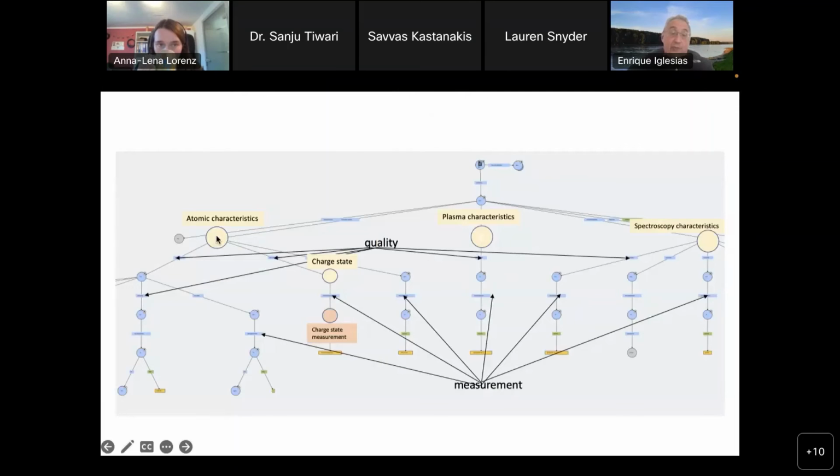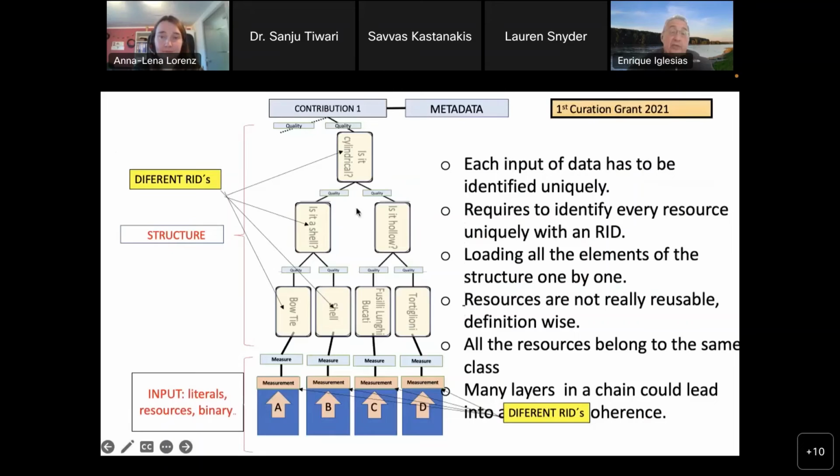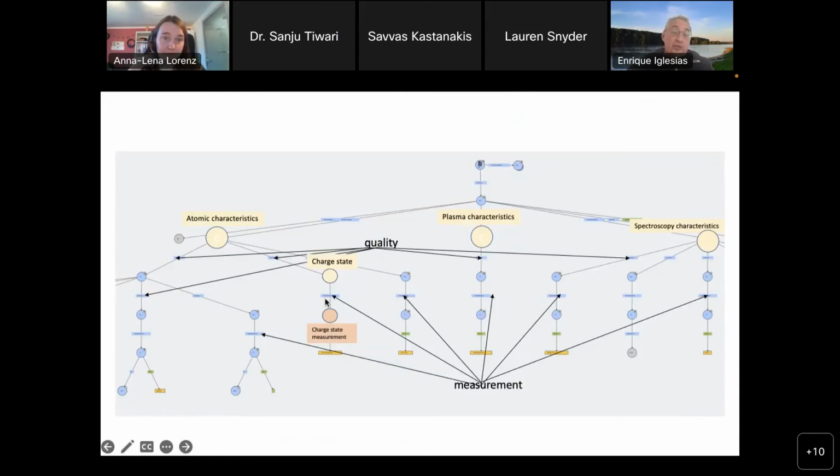And as I showed before, you take one of these, you go to, for example, underneath, this is charge state, and then here you see we switch to a part of the contribution that is dedicated to these property types, and a part of the contribution that is dedicated to the measure, let's call it that way, and that is switched right here in this property measurement, and then you have the measurement here.